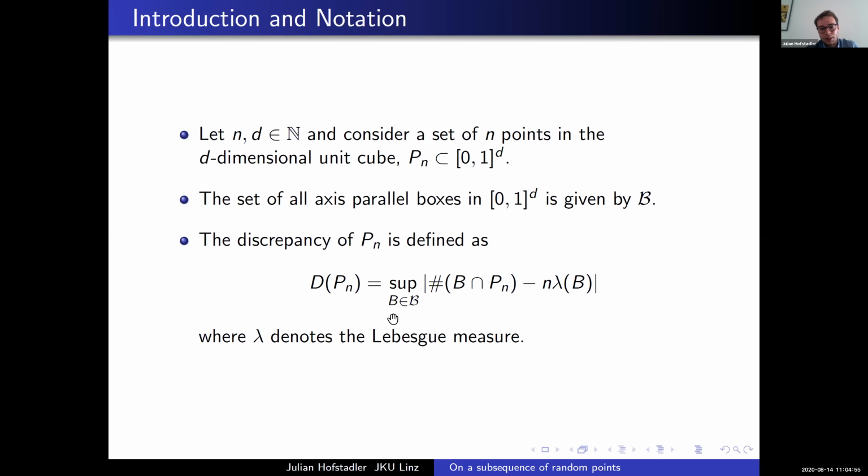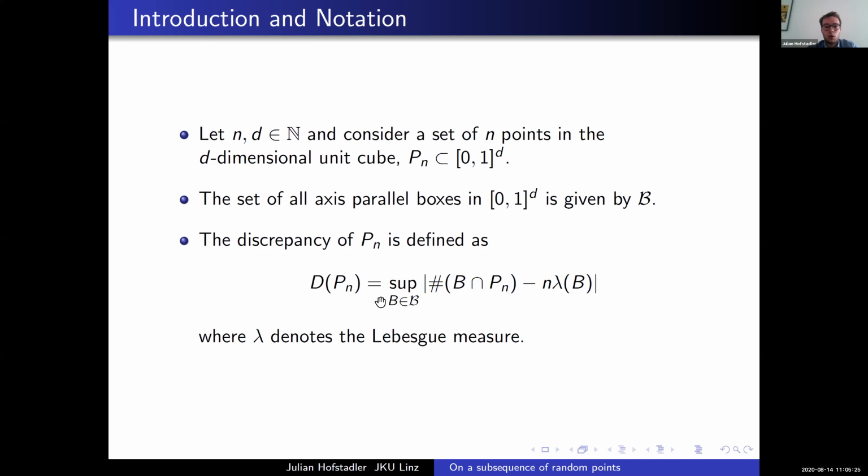So what does this mean? If we divide this whole expression by n, then we get the normalized version of the discrepancy. This was the case, I think, in Matthias' talk, for example, when we were having a look at discrepancy on the sphere. But in order to stick to the notation from the original paper, I will use this form of discrepancy.